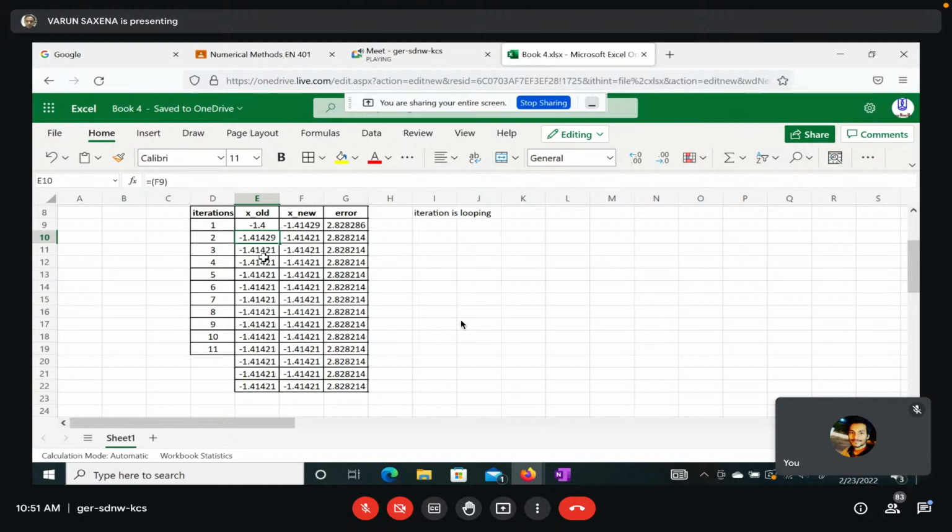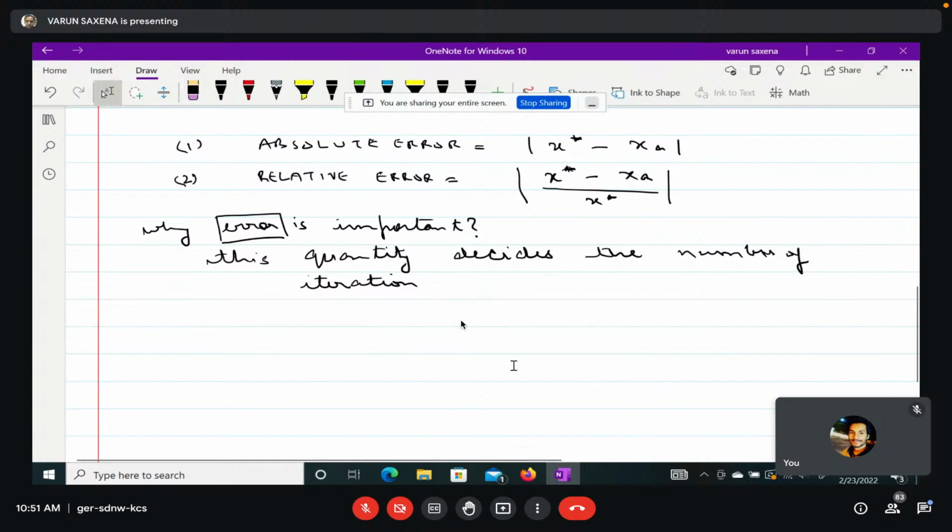Whether that value gives us the accurate answer or not, we have to judge for ourselves with our common sense, our intuition, with whatever happens in real life around us. That is a different thing. But the goal of any numerical method algorithm, I repeat again, is that it should ensure convergence. If there is divergence, the error will increase. But if the error is decreasing, then we expect that the algorithm will converge to a certain value.